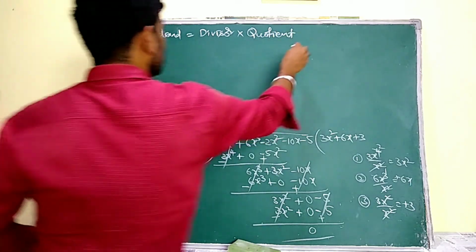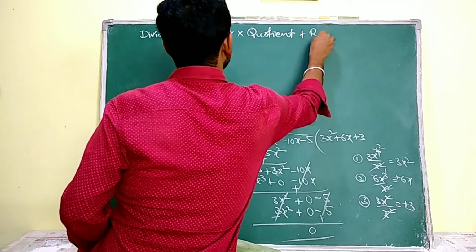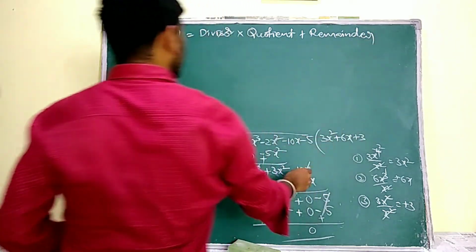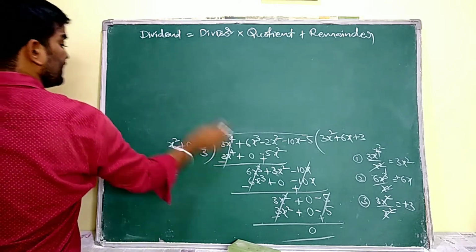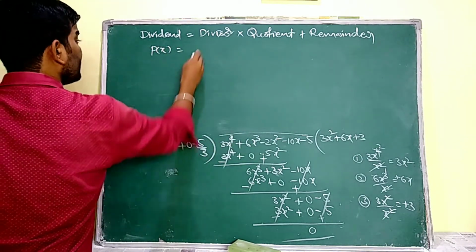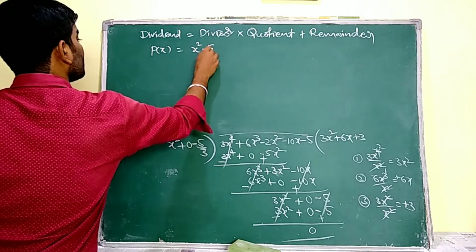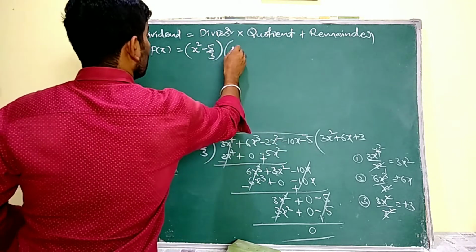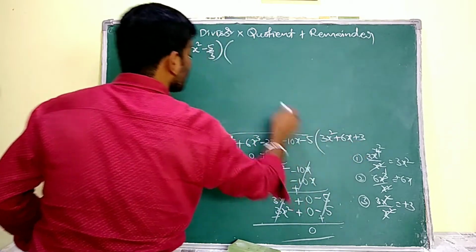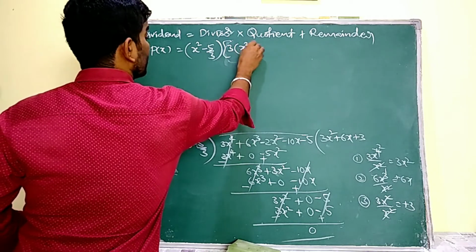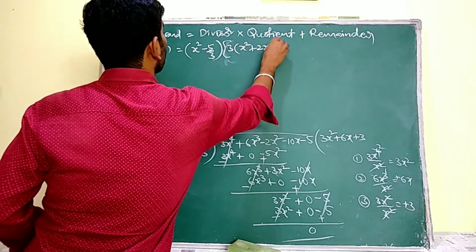Actually we have to write plus remainder also, but here the remainder is 0, so no need to write it. So p(x) is equal to divisor, x square minus 5 by 3, into quotient. Here I have 3 common in the quotient, so I take out that 3 common: x square plus 2x plus 1.